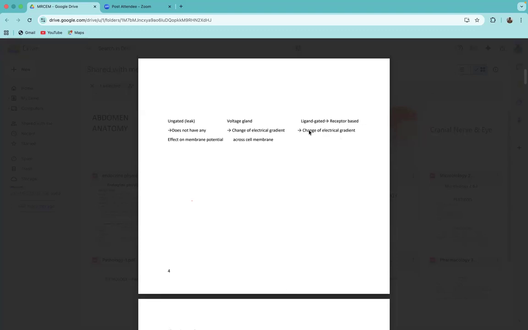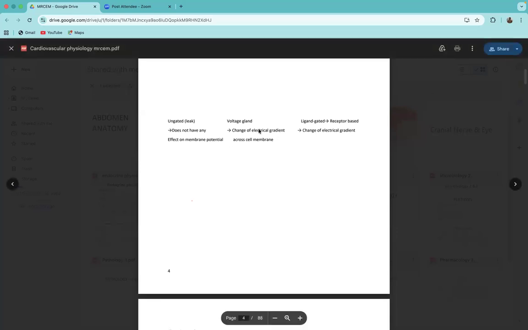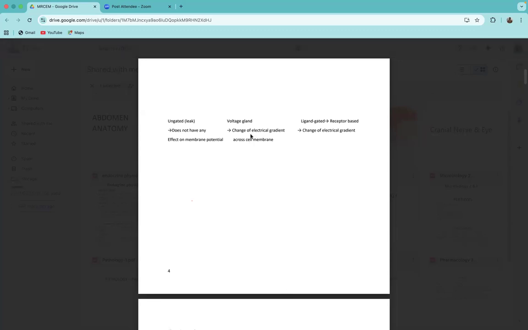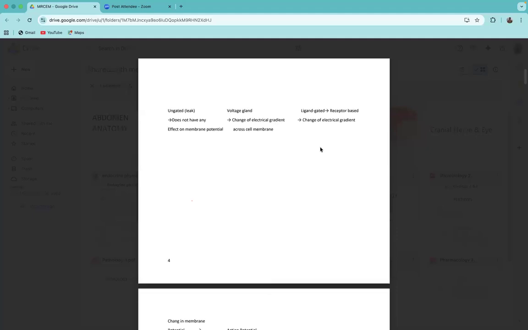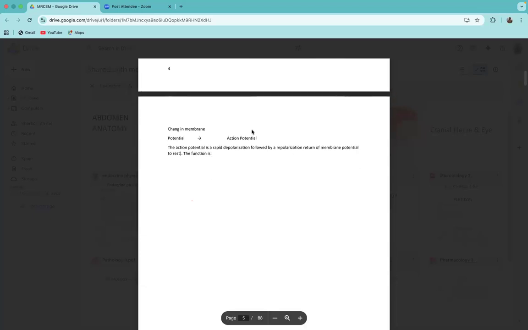In the voltage gated channel, the particle moves against the electrical gradient. So one is receptor based, and the other is voltage based.